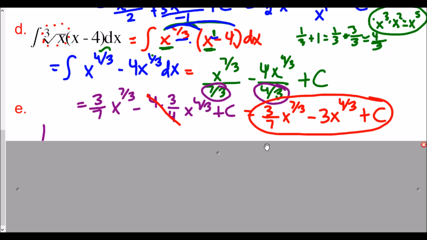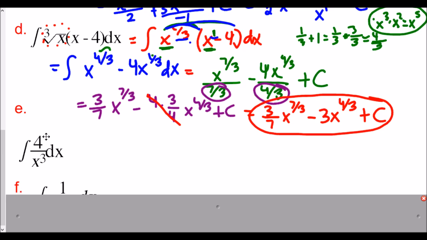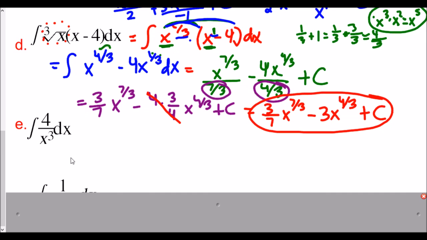A couple more examples just to practice a little bit more with negative exponents. So that's E. So this one, we have a 4 on top. So really, when we're integrating this, what this means is just 4 times the integral of 1/x cubed.